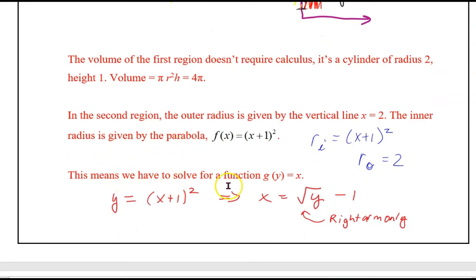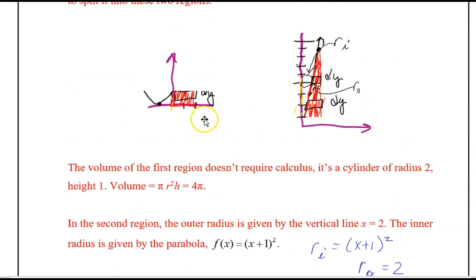Now we need to solve the function for x so that we can get a function in terms of y. Our original function was y equals the quantity x plus 1 squared. We take the square root of both sides. Now, notice that we only include the positive radical because when we look at the parabola, we're only looking at the right arm of the parabola.